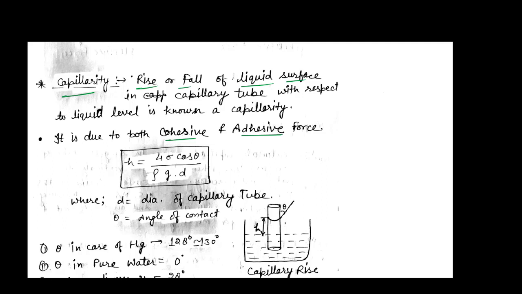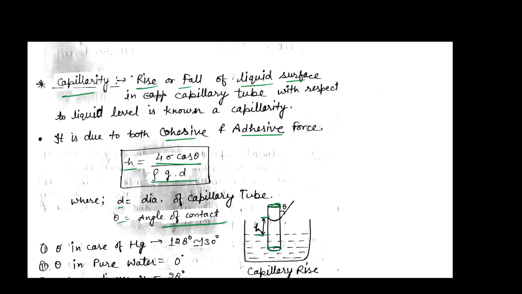There is a formula for knowing the rise and fall of the liquid surface, that is, the capillarity: h = 4 sigma cos theta upon rho g d, where small d is the diameter of the capillary tube. In the figure, this is the tube having diameter d, and h is the height from the surface of the water to the rise of water, and theta is the angle of contact.